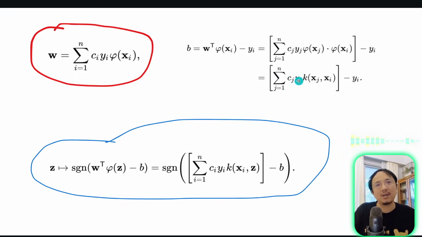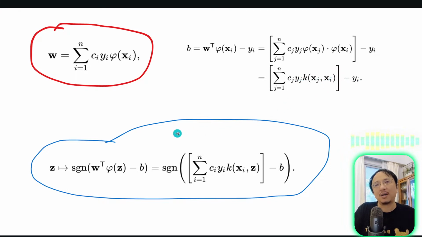Alpha j is the parameter you solved in the dual problem. And y j is the label in the data set, either 1 or -1. And K(x j, x i). So we sum all this up among all the samples in our data set. This one will become the w x.